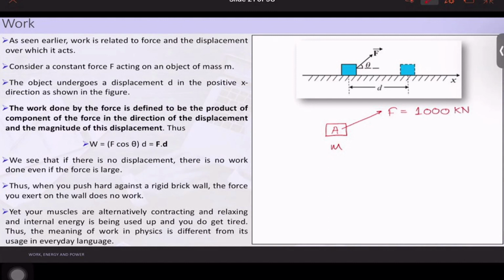This object has such a huge mass or is so firmly on the ground that it cannot be displaced from its location. So let us say that if the displacement is zero, then what is the work done? The work done, or let's say I denote the displacement by D only.